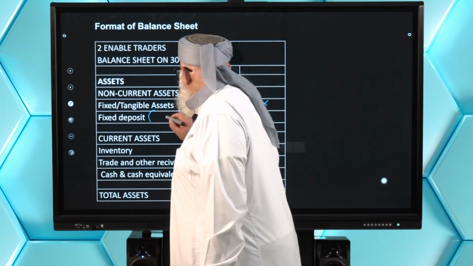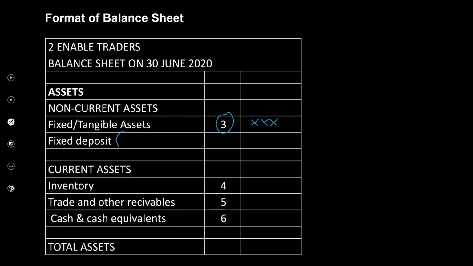So it would be the amount of the fixed deposit, whatever it may be, less the portion that's maturing within 12 months. And that's very important. That then gives you your fixed deposit, in other words, greater than 12 months.